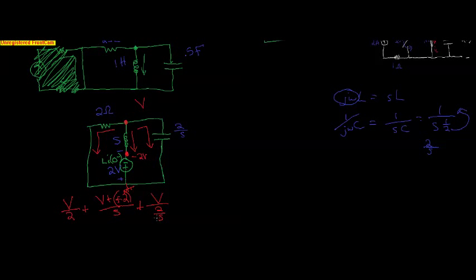Like I said, a fraction in the denominator can just go up to the top, so this becomes V times s divided by 2. And this whole term has to equal 0.